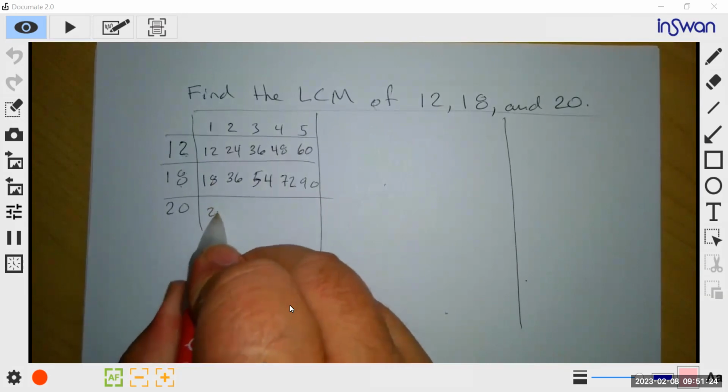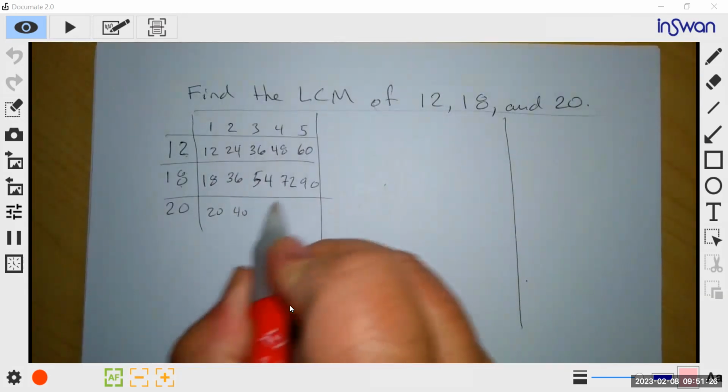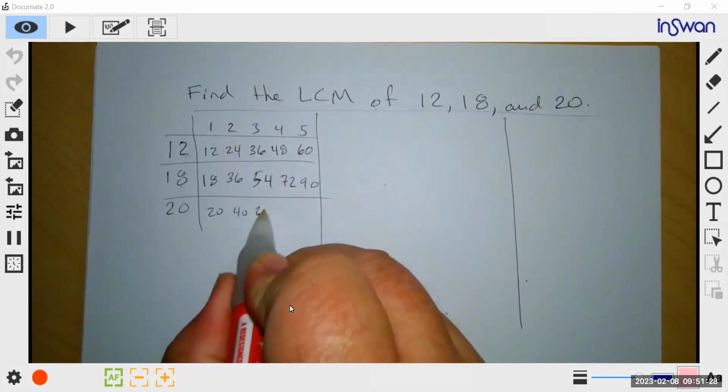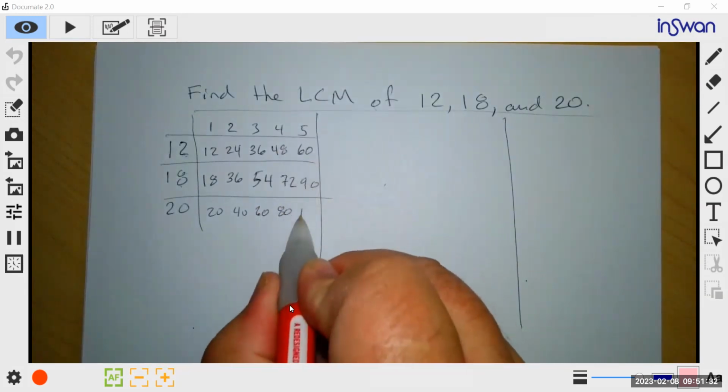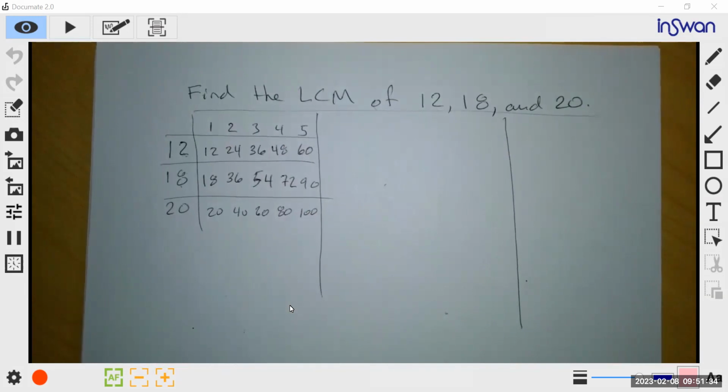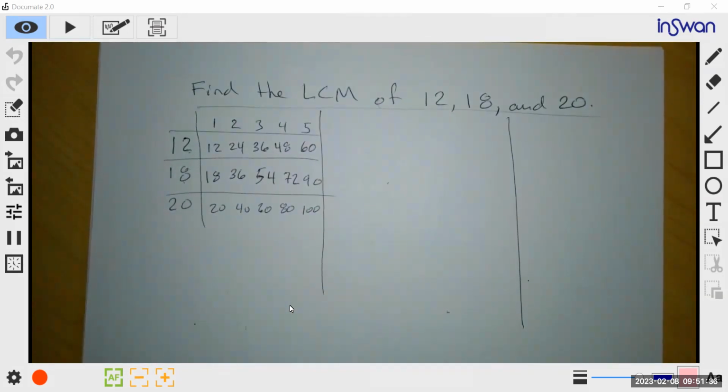Twenty times 1 is 20. 20 times 2 is 40. 20 times 3 is 60. 20 times 4 is 80. 20 times 5 is 100. So is there an LCM so far? No. So what does that mean? We have to keep on going.